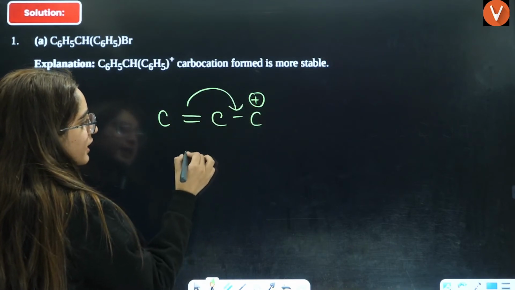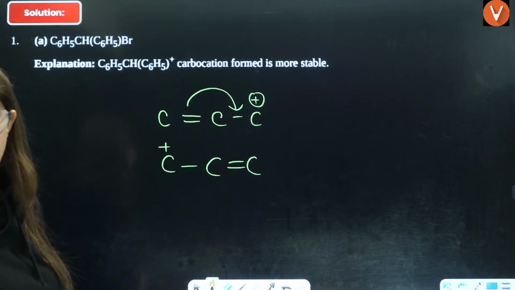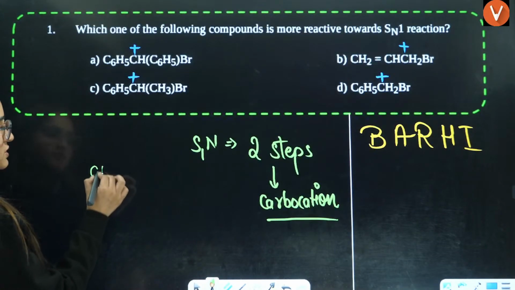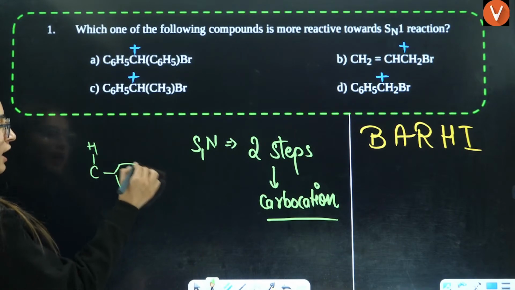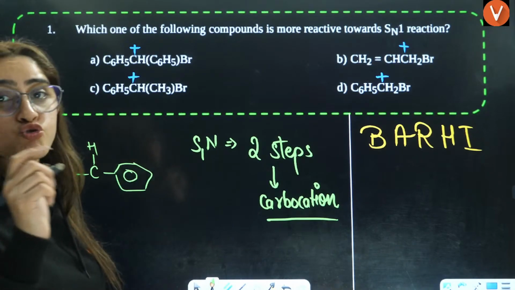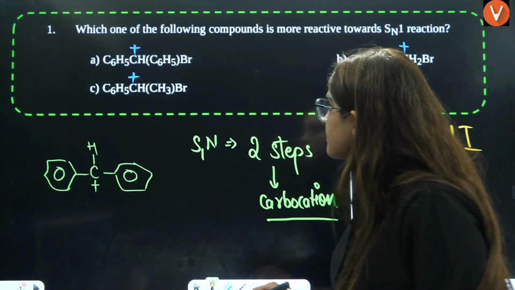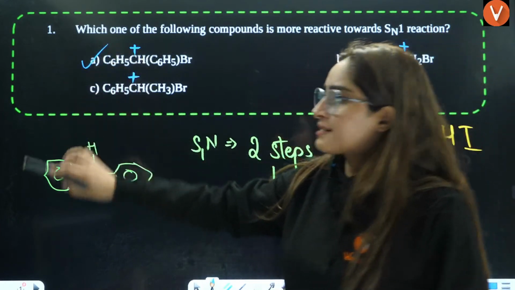This will jump here and you will have the formation of C single bond double bond and positive over here. But in this case, you will have the formation of CH, this is basically H, this is one phenyl and this is another phenyl, which will cause two resonance here. That is the reason it is going to be maximum stable. So the answer is A.